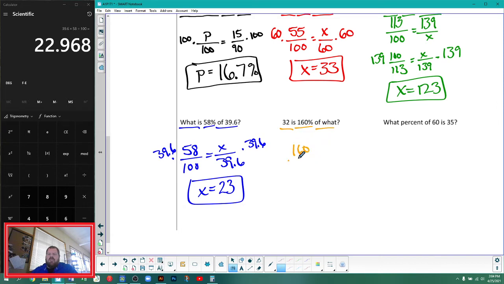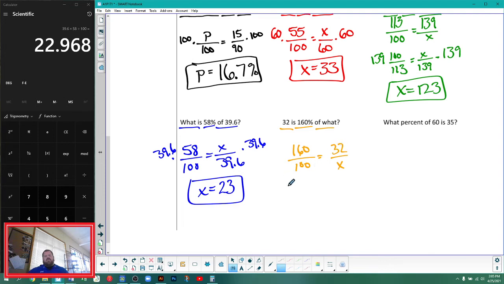Next one, 32 is percent of what? Percent over 100 equals is over of. If you like it better, I should go over at least one where I do use cross products. If that one makes a little bit more sense to you, you can totally do that.